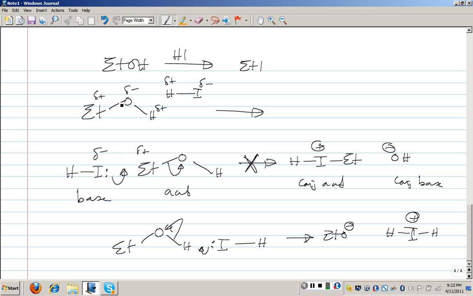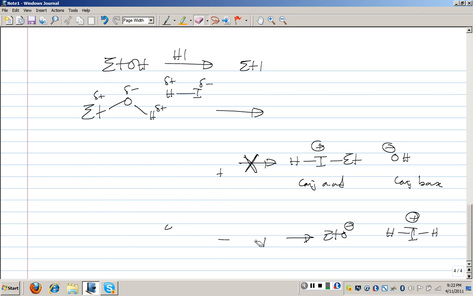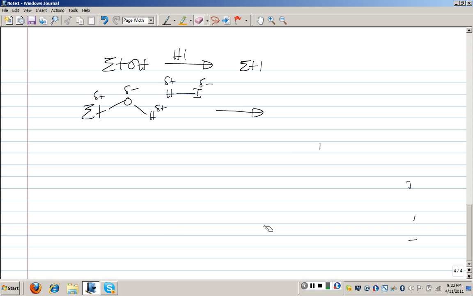I'm comfortable with that because should the ethanol act as a nucleophile, what I'll really be doing is an acid-base reaction. I'll have the O act as the base, the HI act as the acid, and acid-base reactions, proton transfers between heteroatoms, are extremely fast and therefore the first.